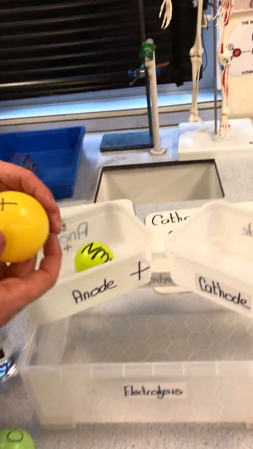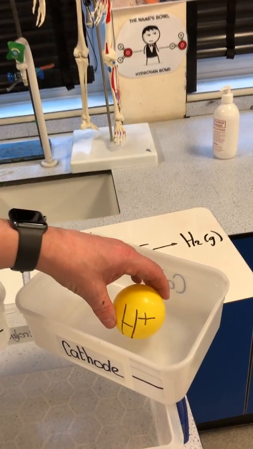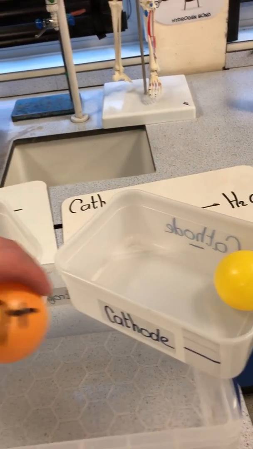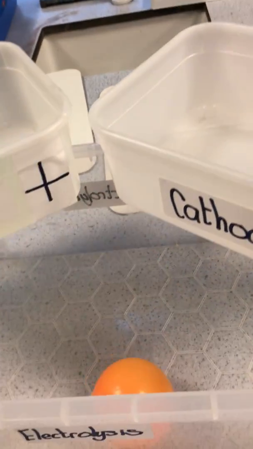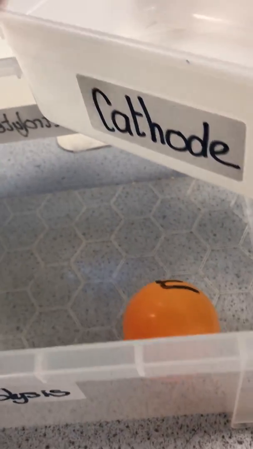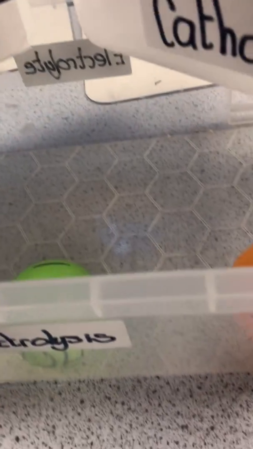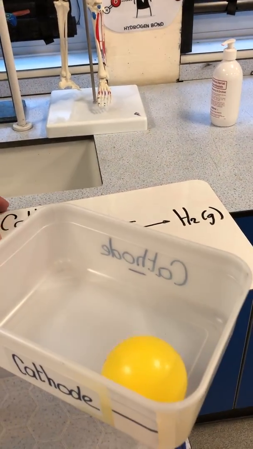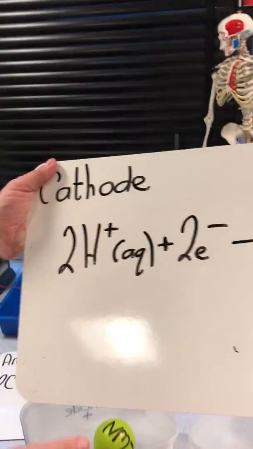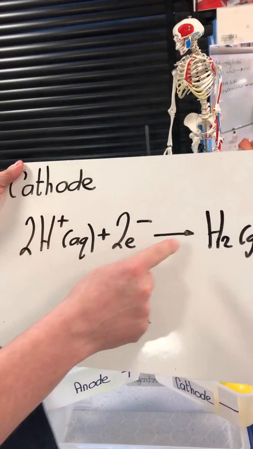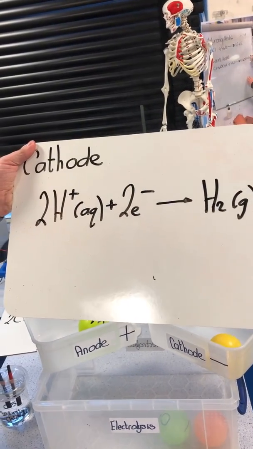So at the cathode, the hydrogen ion would go to the cathode, and the metal ion, which was sodium, would stay in the electrolyte along with the hydroxide ion. So at the cathode, which is where the hydrogen ion is, you would find that the hydrogen ion would gain 2 electrons, forming hydrogen gas.